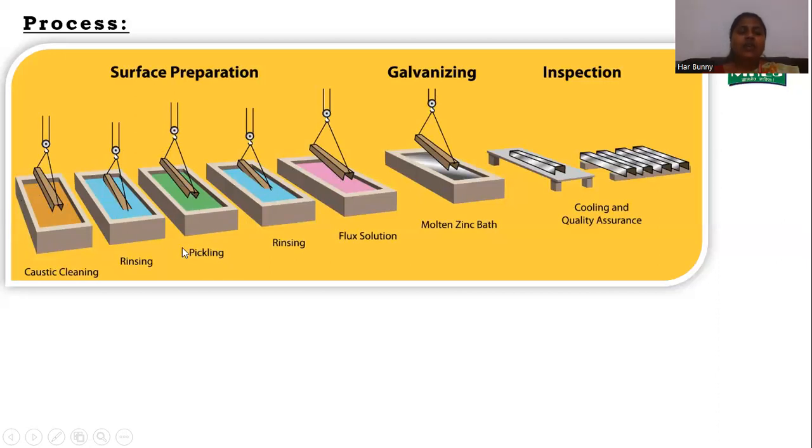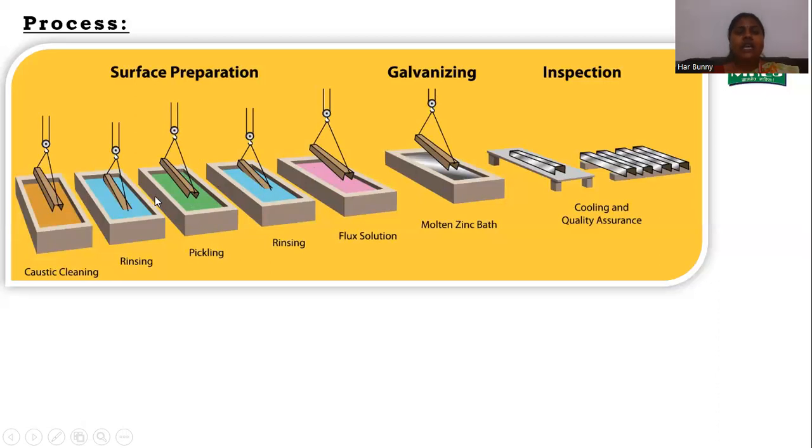That process is called pickling. Why do we do this? Whatever corrosion has formed on the surface of the metal has to get removed before the galvanizing process. That is why we do pickling. This pickling process is done for 15 to 30 minutes.